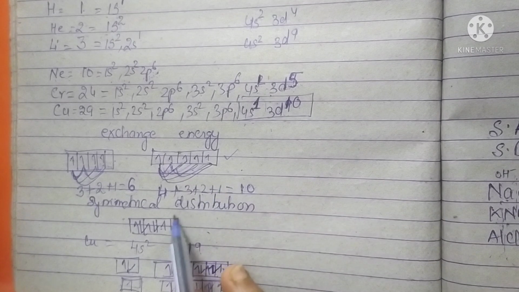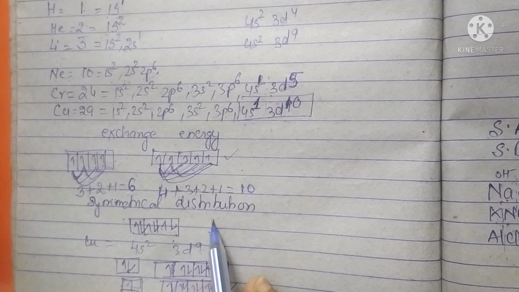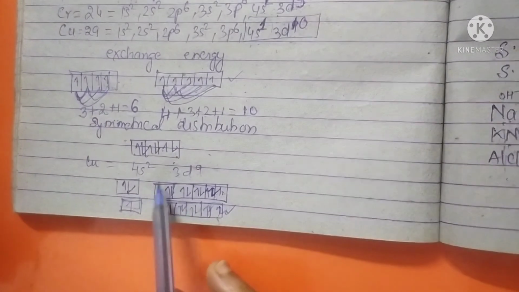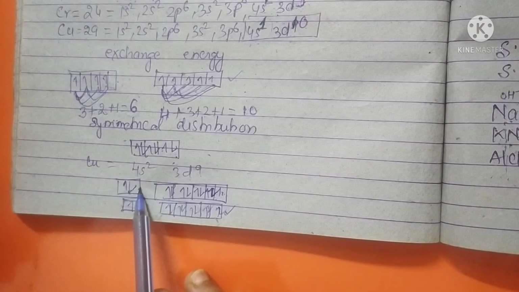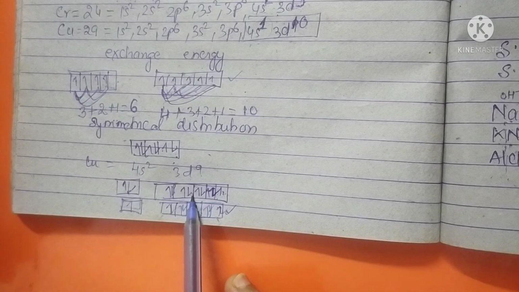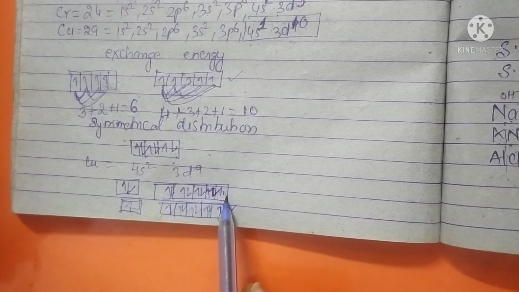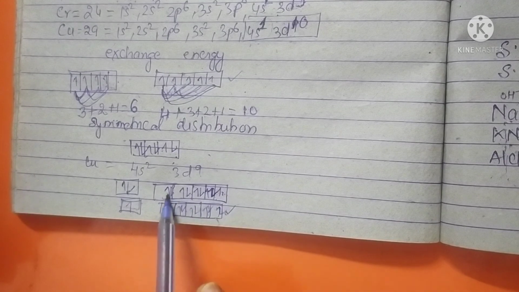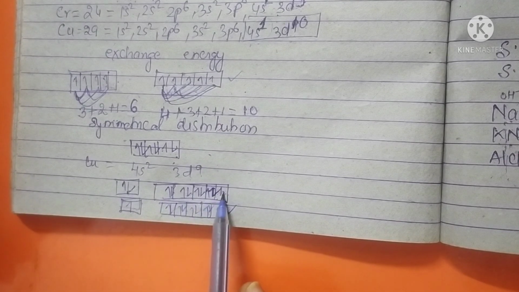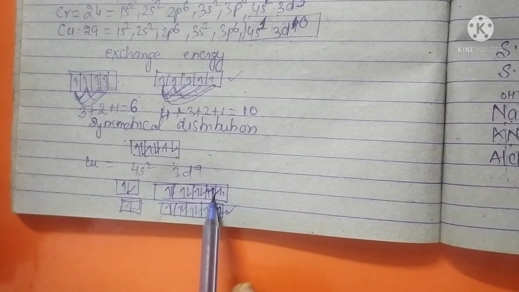Another thing is symmetrical distribution. If we see this configuration 4s2 3d9 for copper, here 9 electrons are there. In this orbital it is half filled, the rest are completely filled.